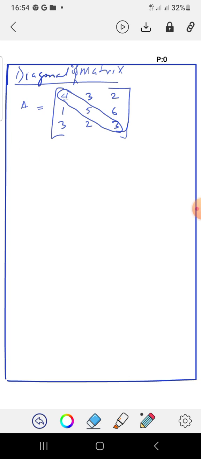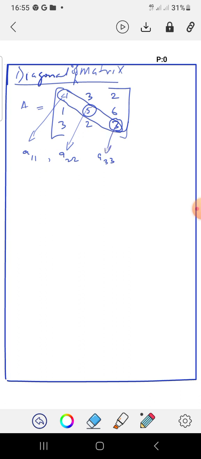So 4 here has location A11. 5 here has location A22, and 3 here has location A33. So we can represent this as A11, A22.